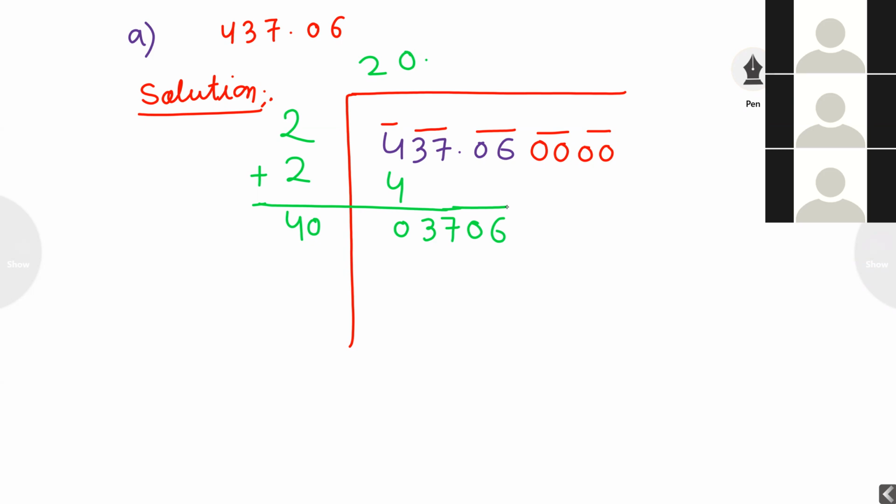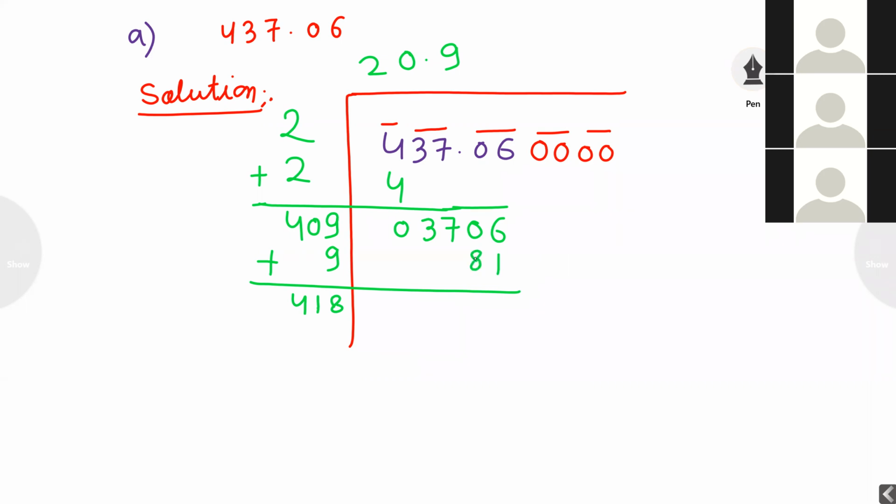Now with this 4, which digit do I want to multiply? That value will be less than 37. 9. Okay. 9, in 3 places. 8, 1, 4, 418. Again 9 nines are 81. 1, 8.